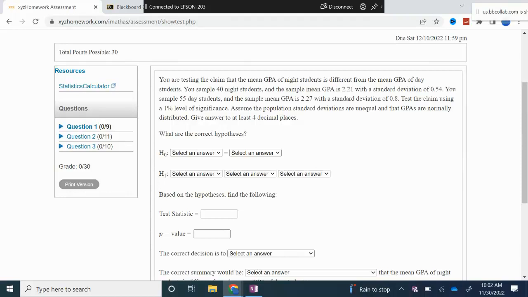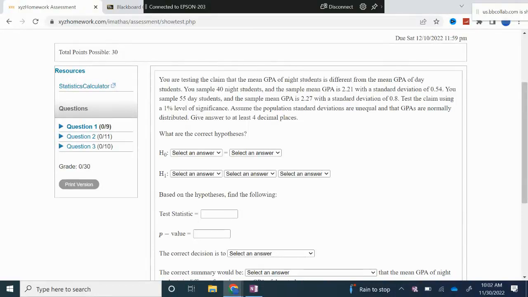Right, so we're going to call the night students mean 1, and we're going to call the day students mean 2. Okay, and I'm going to write all this down on OneNote. Okay, so we sample 40 night students with a sample mean GPA of 2.21 and a standard deviation of 0.54. Right, so that would be the standard deviation for the first group.